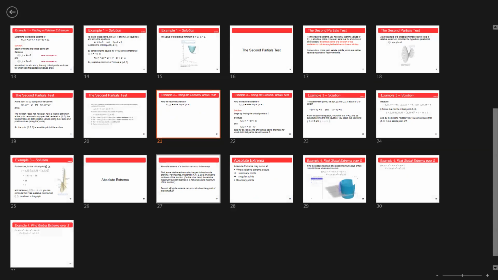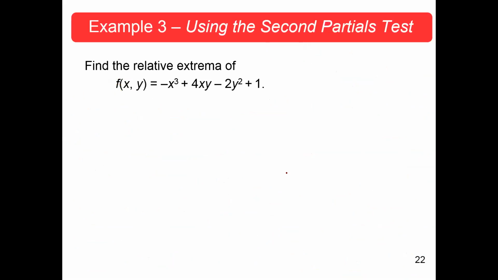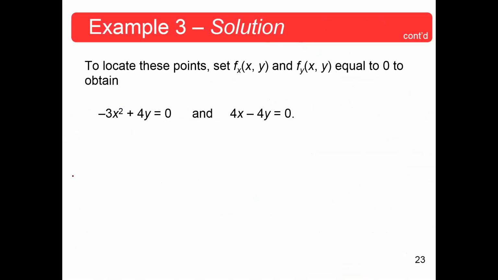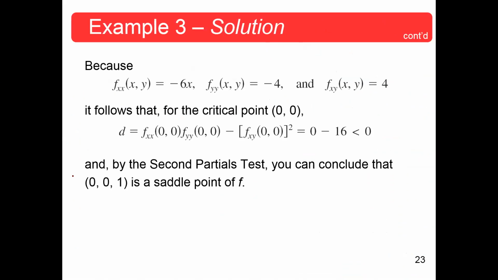I think I included that in my next slide. You guys can still see the screen, right? Yes. Okay, so if I put everything into the solution, once again, you first of all find the critical points. These we have all done. Partial x, partial y, both equal 0. Solve for x and y. So you got 2 points.